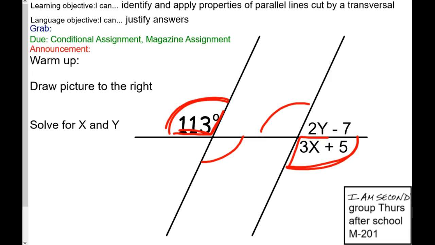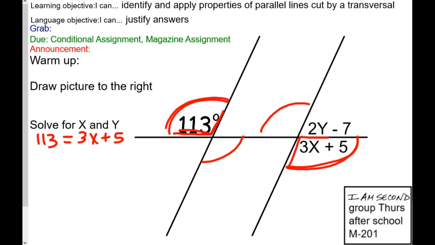You have to know, is it congruent or is it supplementary? So I see it's in the zigzag. I'm going to set those equal. 113 equals 3x plus 5. Stopping right here. Does anyone not know why I did that? Or do you have a question on how I did that?